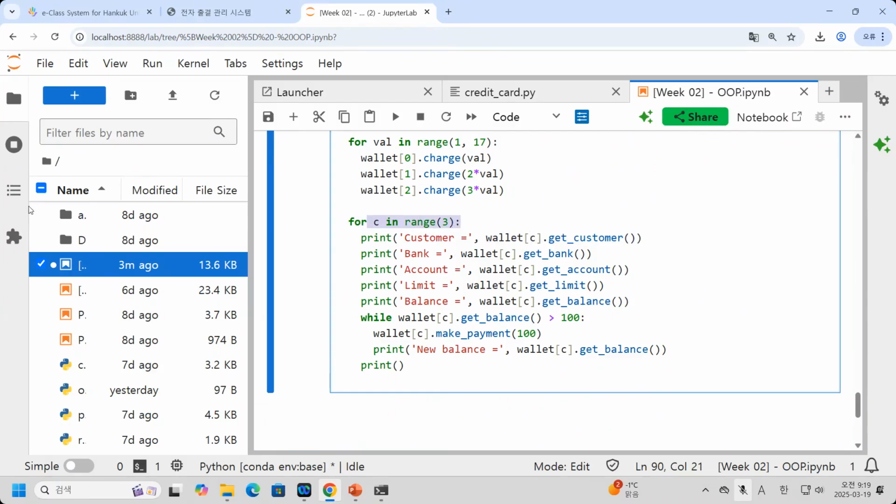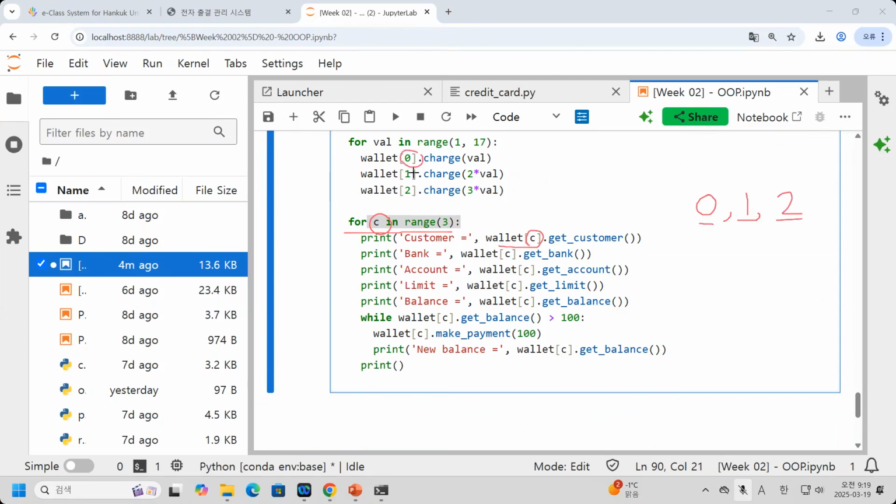Range C, it means I want to make any number to C from 0 and then 1 and then 2. So it means I have the wallet 0. The wallet 0 means the first credit card. The wallet 1 means the second credit card. The wallet 2 is the third credit card.